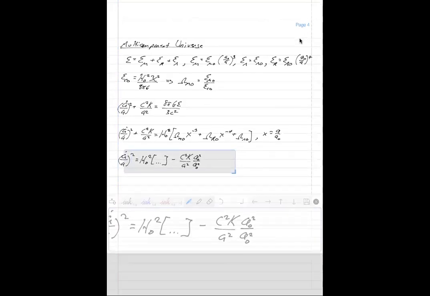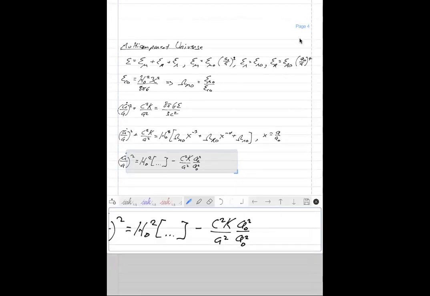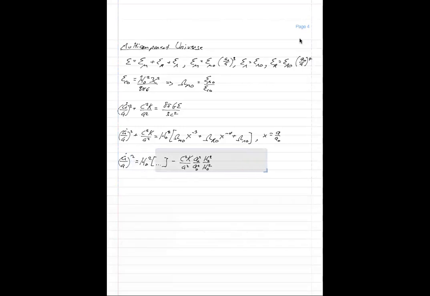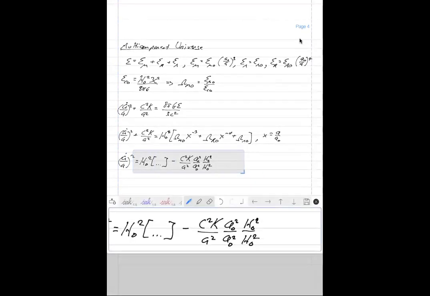Also, notice that there's no H naught squared term in this last expression, and if there were, we could just put it inside this bracket somehow. So I'm just going to multiply by 1 again. And in doing so, we're going to be able to take this term and put it inside this bracket.